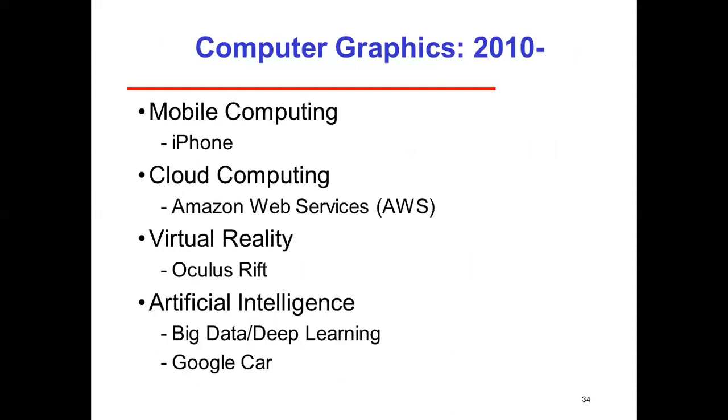Computer graphics from 2010 till now. Now we are using it in mobile computing, that is in iPhone or Android based mobiles. So there is a vast application of computer graphics in mobiles. Cloud computing, currently we are using cloud computing.